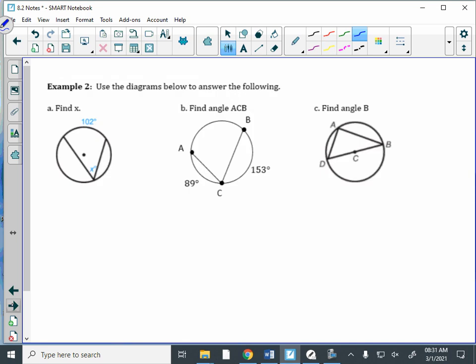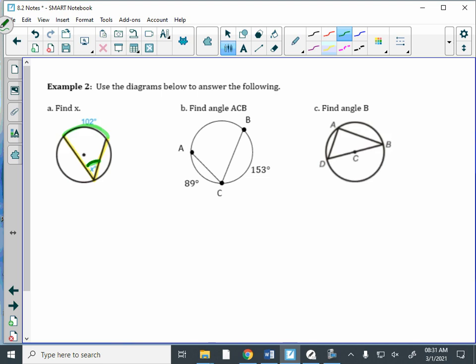We want to find x. Well, I notice x is inside this angle, which is on the edge, so it's inscribed. When the angle's missing, go to the arc. What's the measure of the arc? 102. We're going from big arc to little angle.